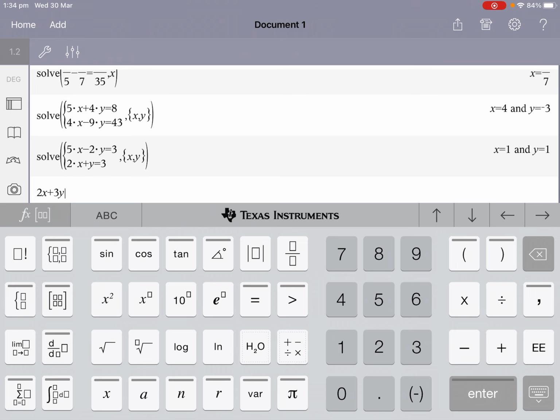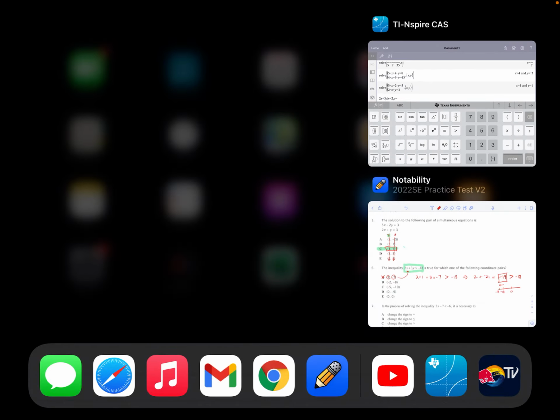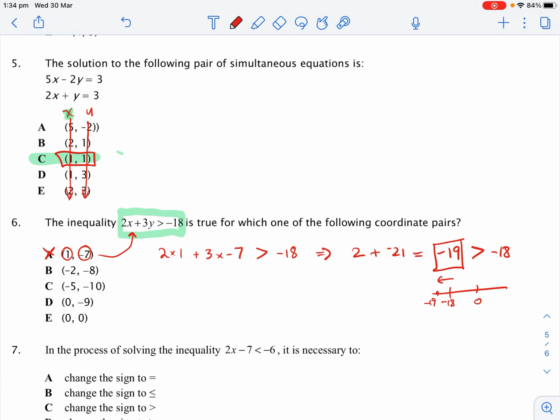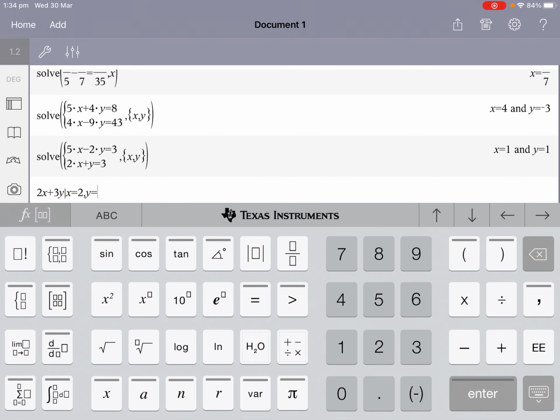But I'm going to say, given that x equals 2, and then hopefully I can put a comma in here, and y equals, what number did we try for y? I can't remember now. Y was equal to -7.